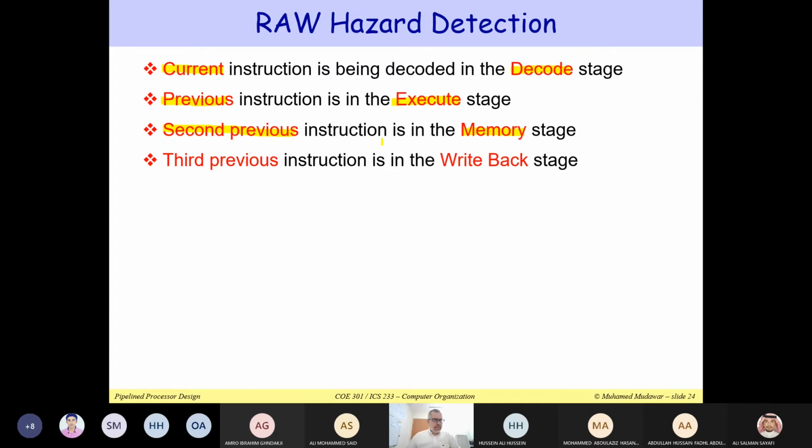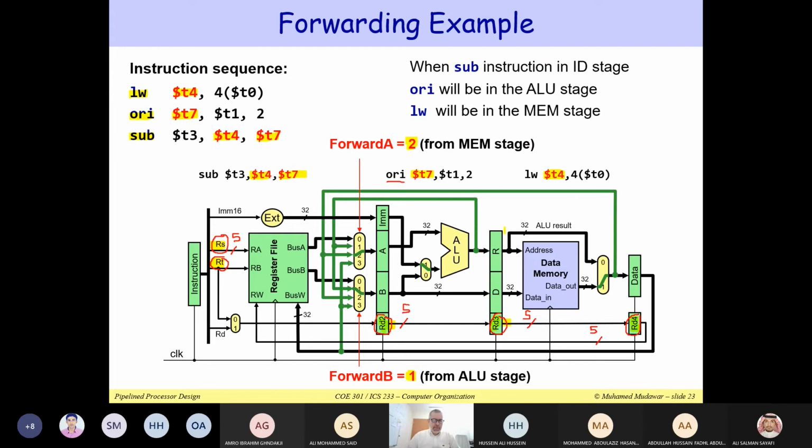The second previous is in the memory stage and its destination is RD3. The third previous is in the write back stage and its destination is RD4, as we have seen in the previous slide. So we have 3 instructions in the third, fourth, and fifth stages, and their destinations are RD2, RD3, and RD4.